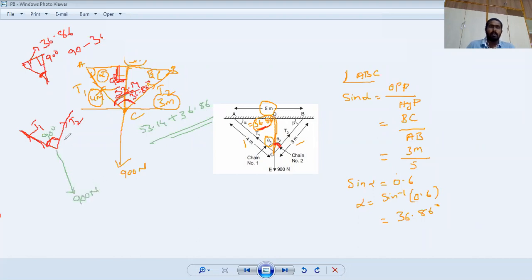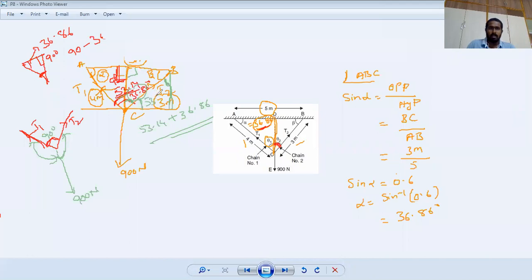Now tell me the angle between T2 and 900. Here the angle is 36.86, then the remaining angle is 53.14. Similarly, for two equal right angle triangles, the opposite angle is also the same.